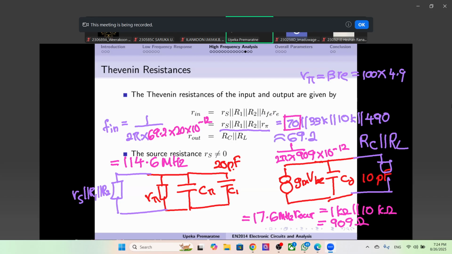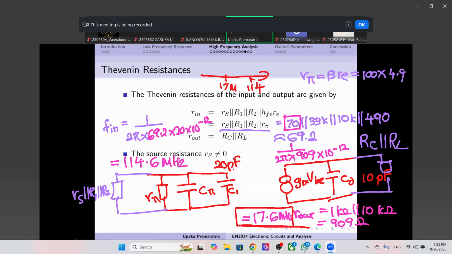So out of these, the cutoff frequency is the lowest, right? The cutoff frequency is going to be the lowest out of the two. Why? Because here we have 17 megahertz, here we have 114.